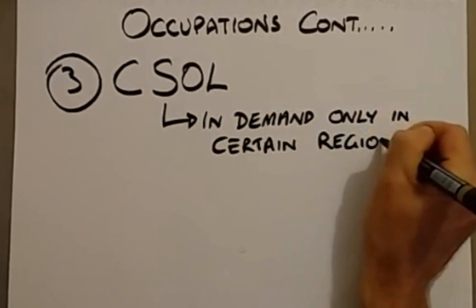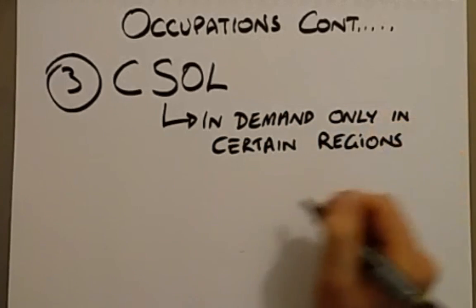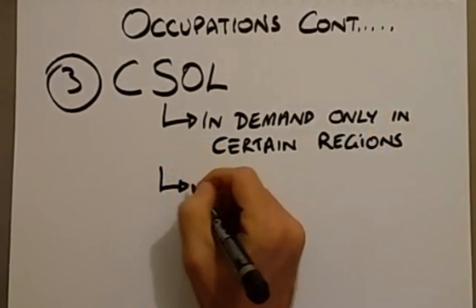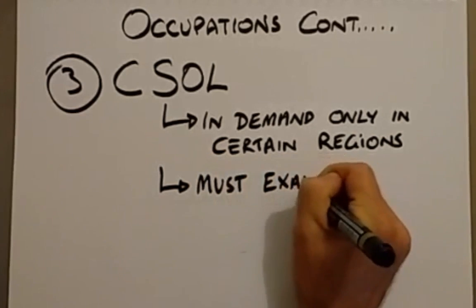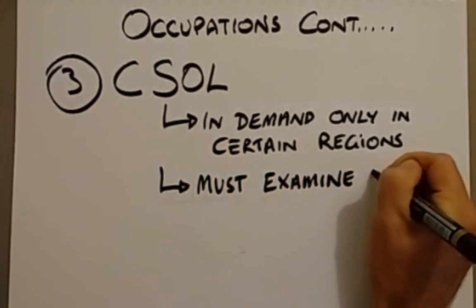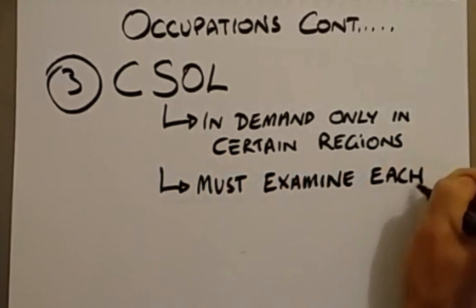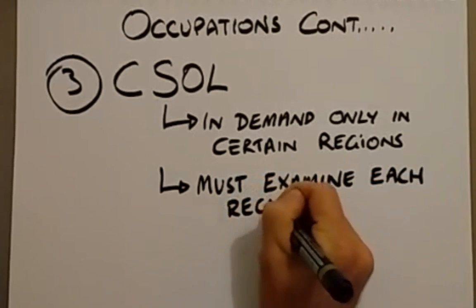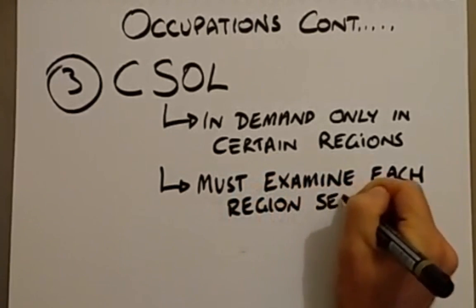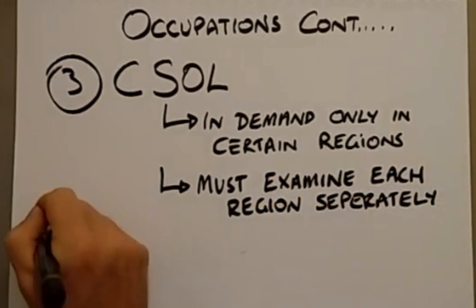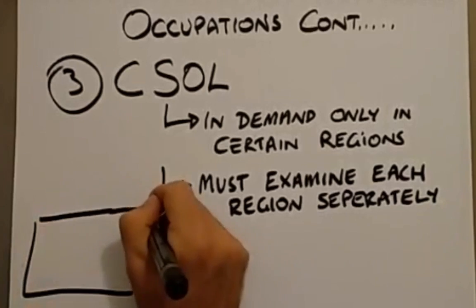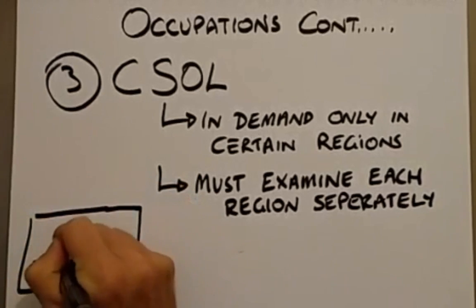You will find that the occupations on this list are only in demand in certain regions, whether that is within a particular state or within a particular regional area within Australia. Each of these regions has specific requirements that you have to meet to apply to this regional area before they will give you the capability of applying for an independent skilled visa.